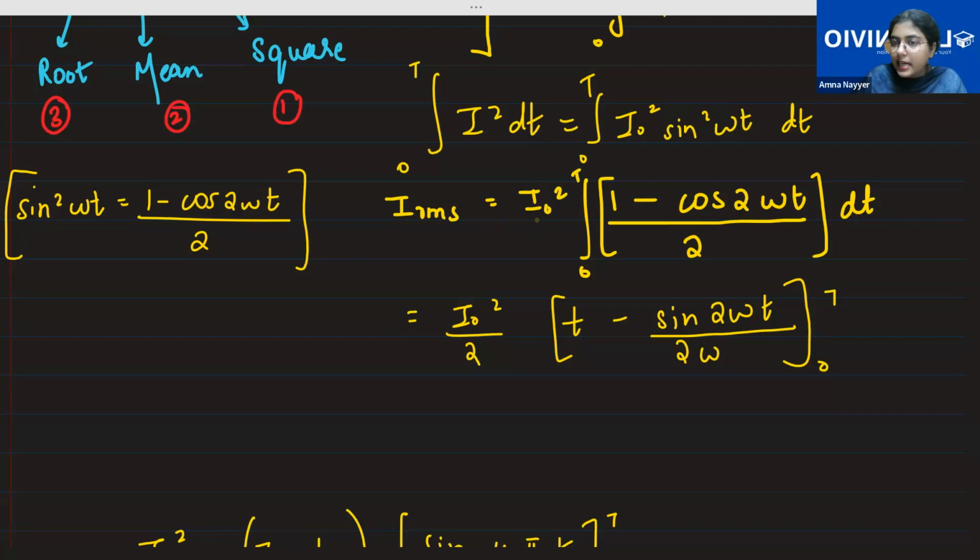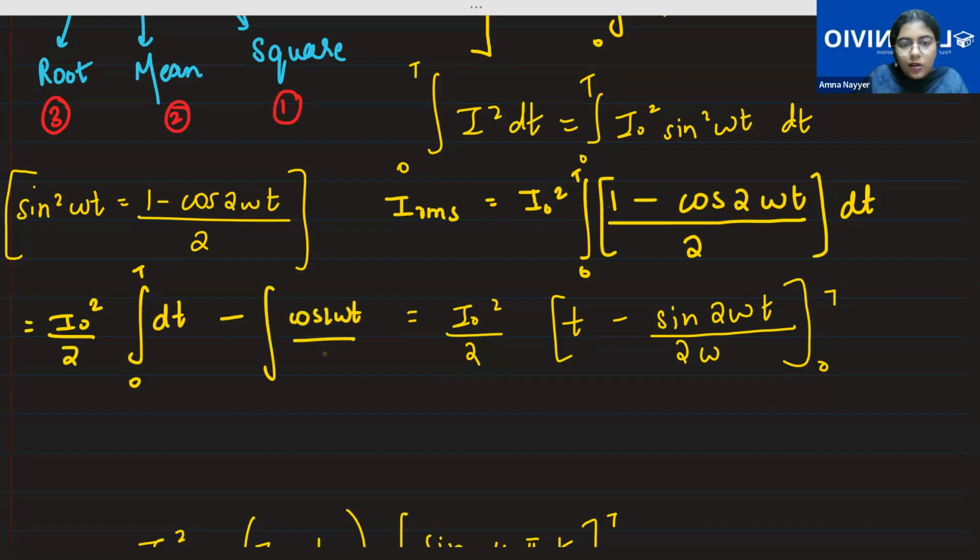See, this 2 is taken out here. I'll just explain you here. Look, I naught square by 2 is taken out. Now, what is left? It's like integral of dt from 0 to capital T minus integral of cos 2 omega t from 0 to capital T.